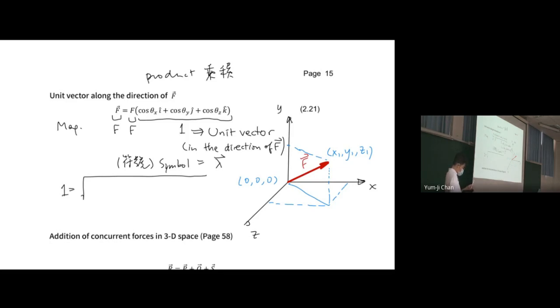For example, for any vector f from 0, 0, 0 to x1, y1, z1, this one is x1, and this one is y1, and this one is z1.